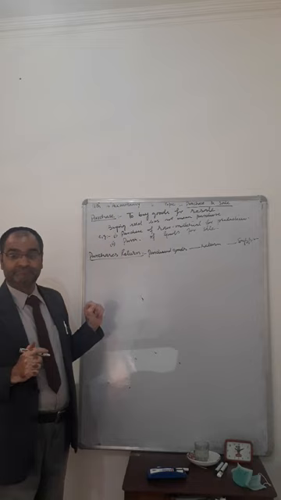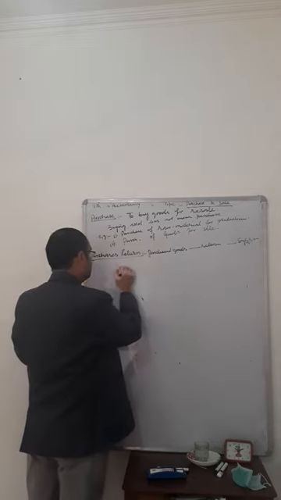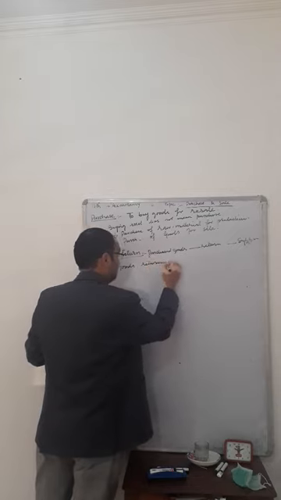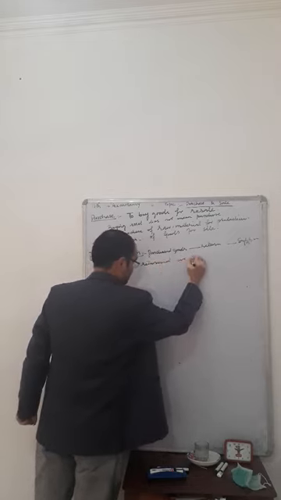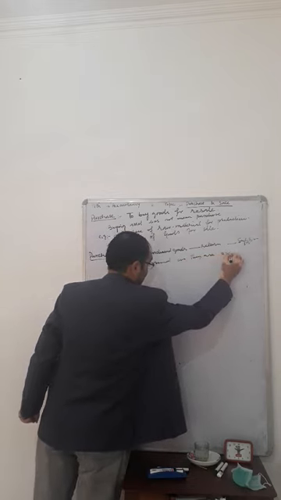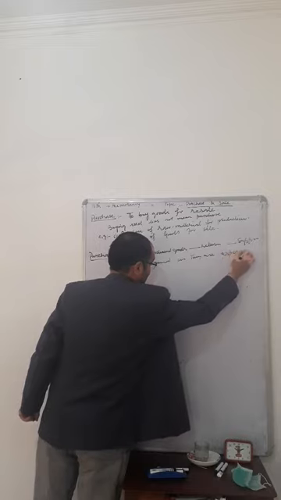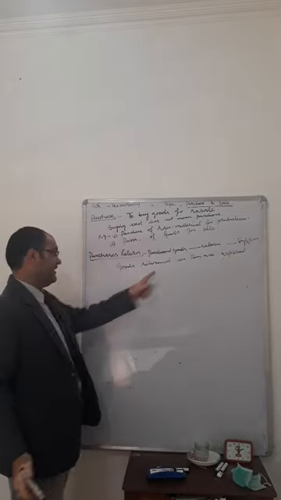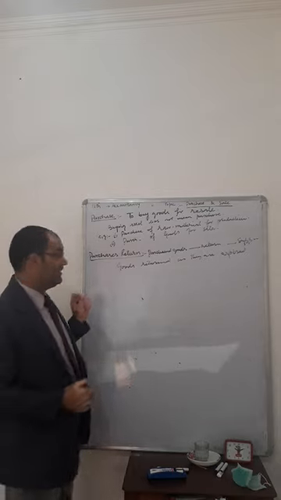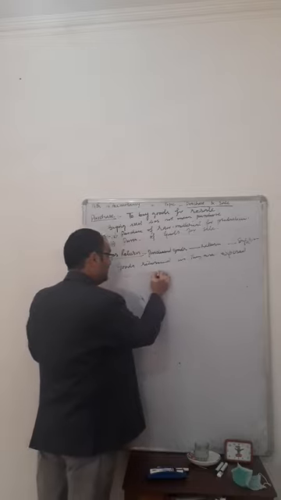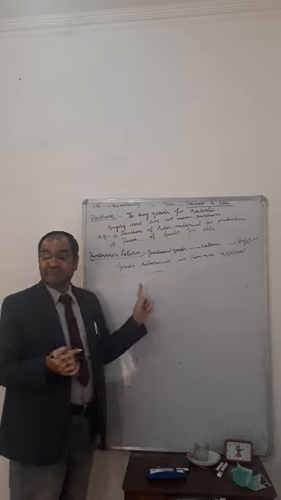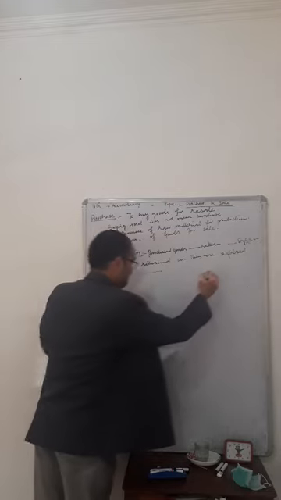For example, we have goods returned as they are expired. Goods are expired. This is the reason the goods are being returned back to the seller. Number two, purchased goods returned as they are broken.